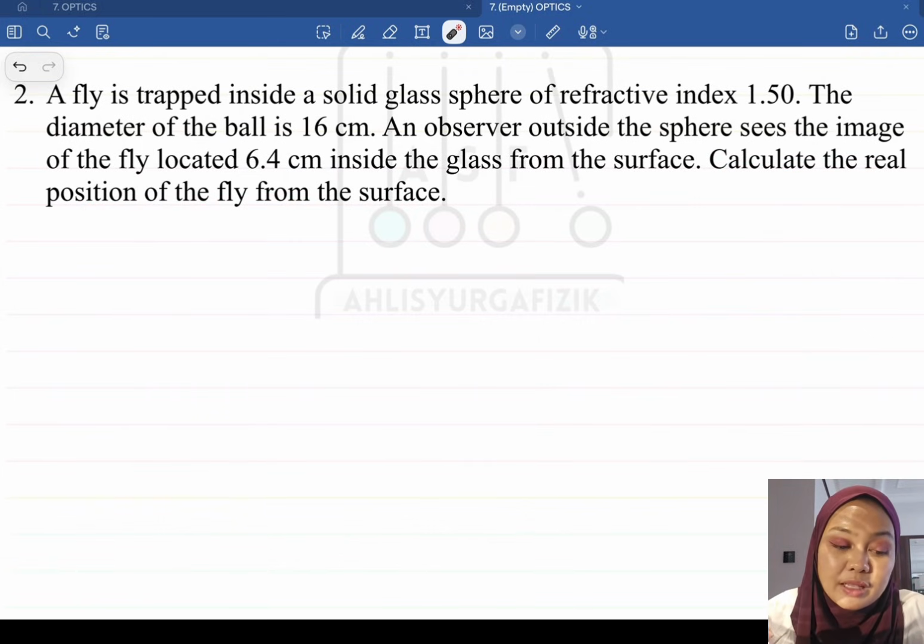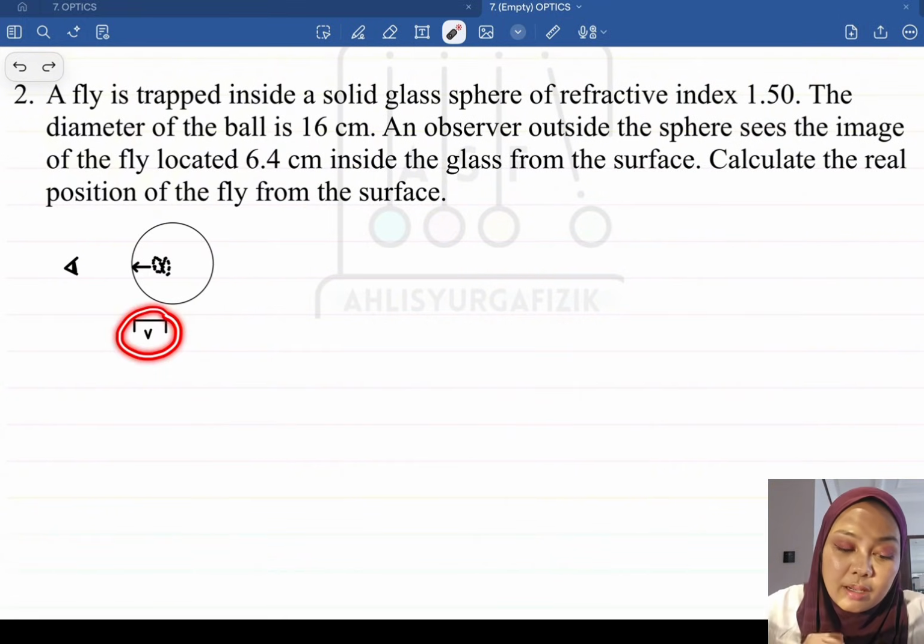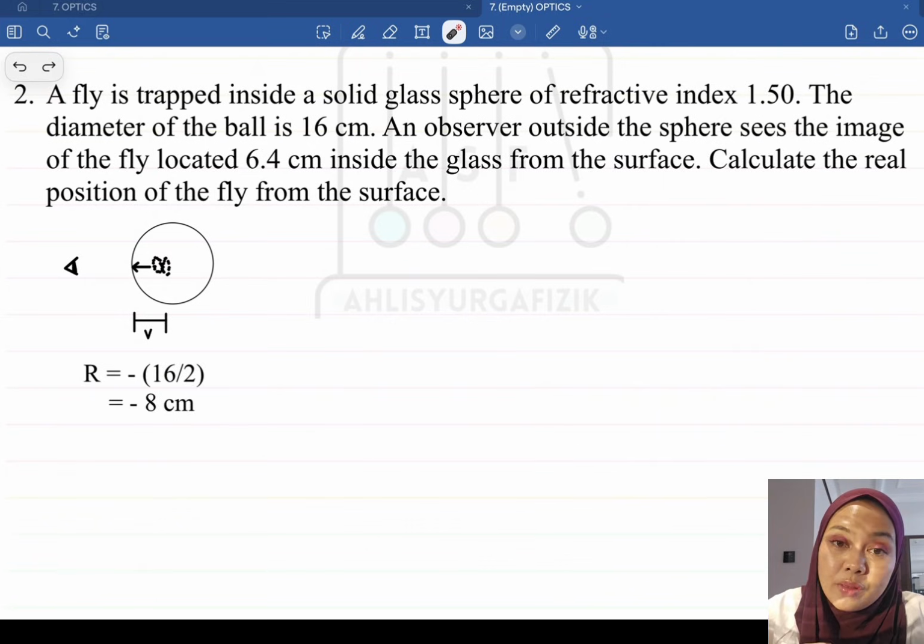Alright, so first thing we have to do is to sketch. So we sketch like this. We have our V here. We are looking for the U, right? Based on this, we are given the diameter of the ball, which is 16 centimeters. Let's get the R. Now, the light ray is always coming from the object. Remember this, always coming from the object.